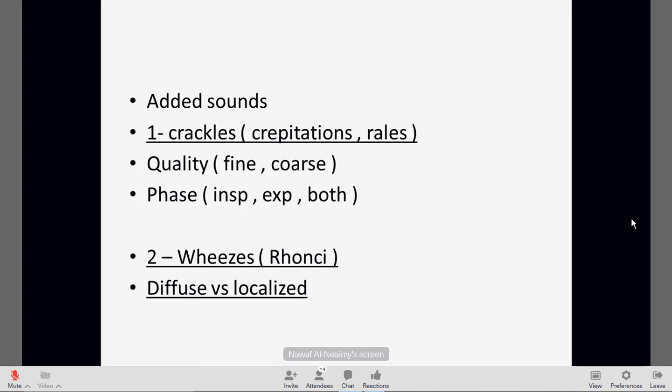Mainly قد يكون fluid like in case of interstitial or pulmonary edema أو fibrosis.